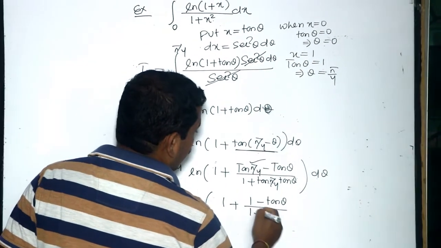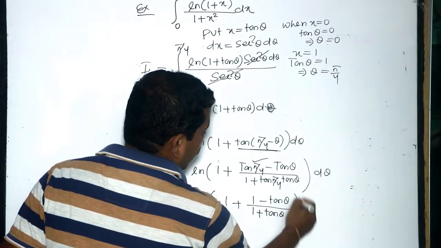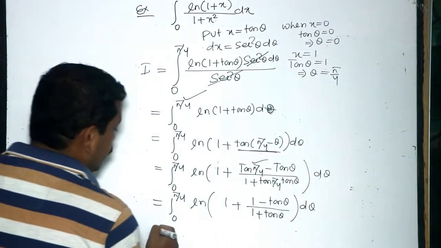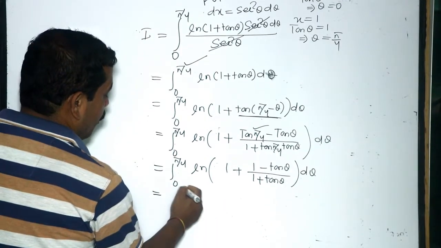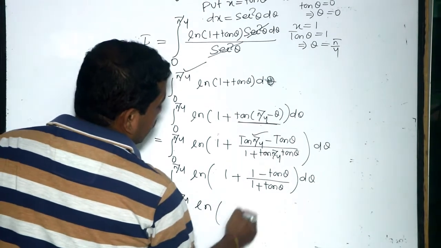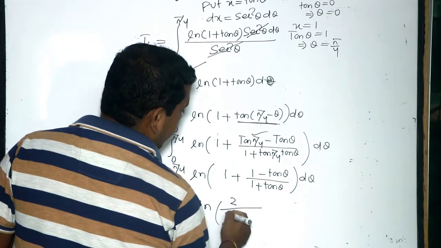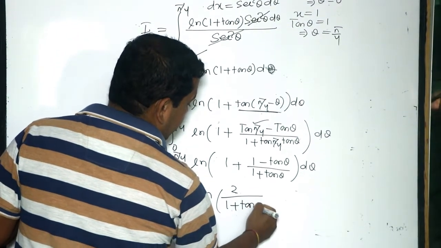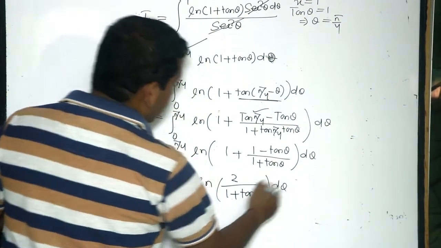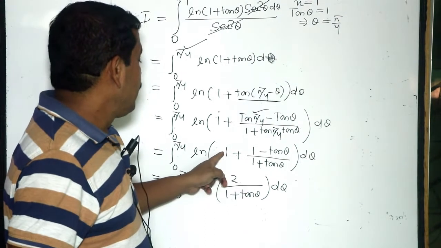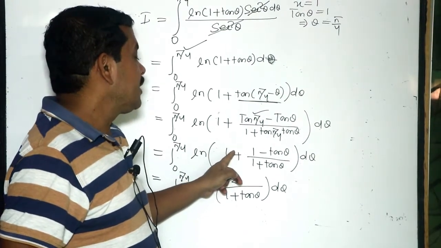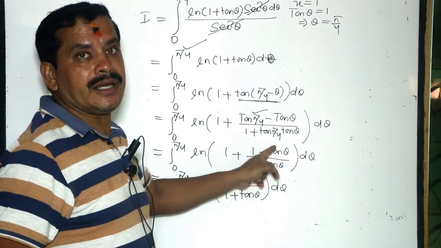divided by (1 plus tan theta)) d theta, because we know that tan pi by 4 is 1. Which equals 0 to pi by 4 log, taking LCM, that is 2 by (1 plus tan theta) d theta. In the numerator it will be 1 plus tan theta plus 1 minus tan theta.